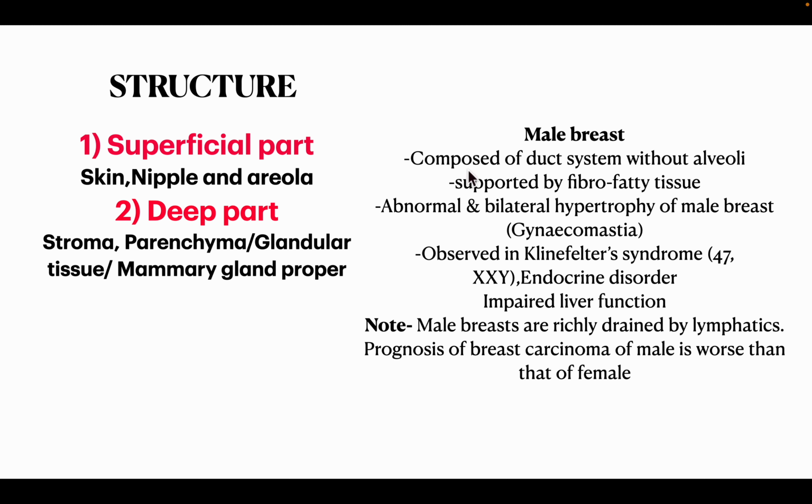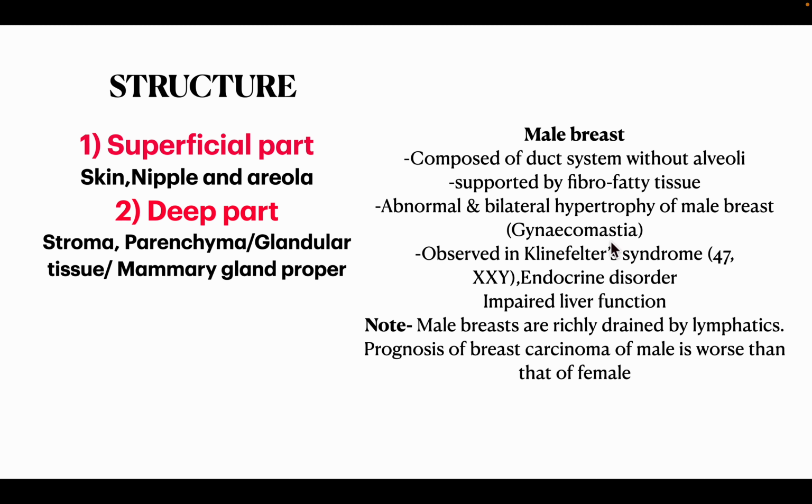The male breast is rudimentary. It is not well developed in the male. It is composed of a duct system without alveoli, and it is supported by fibro-fatty tissue. In some males there is bilateral hypertrophy of the male breast, or enlargement of the mammary gland.